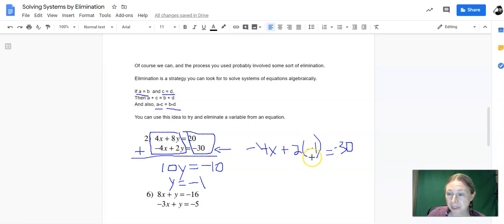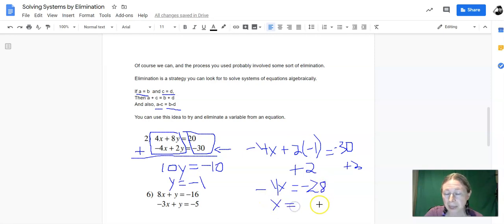Okay, 2 times negative 1 is negative 2. We're going to add 2 to both sides to balance that equation out and get rid of that loner, plus 2, plus 2. So now we know that negative 4x is equal to negative 28. And now, therefore, x must be positive 7, because negative 28 divided by negative 4 is positive 7.